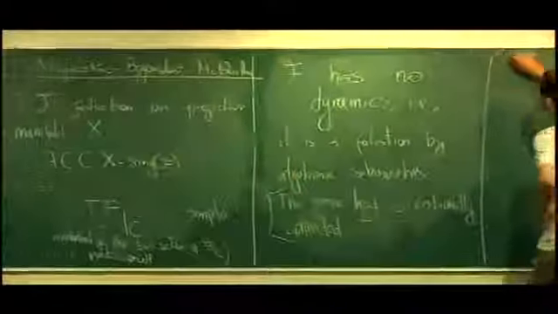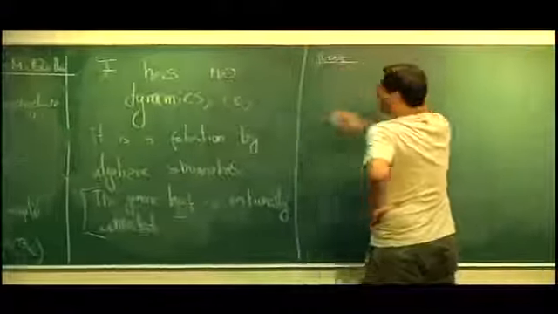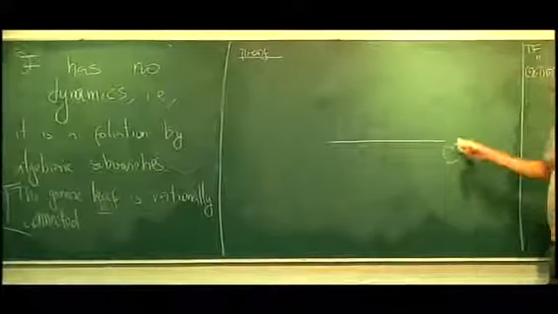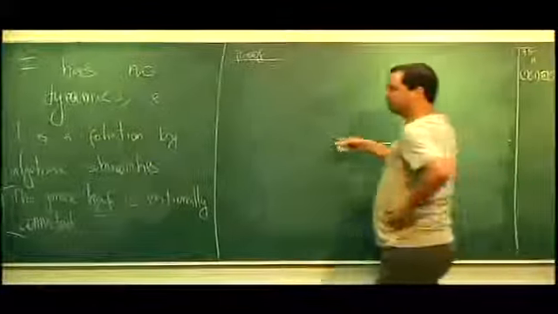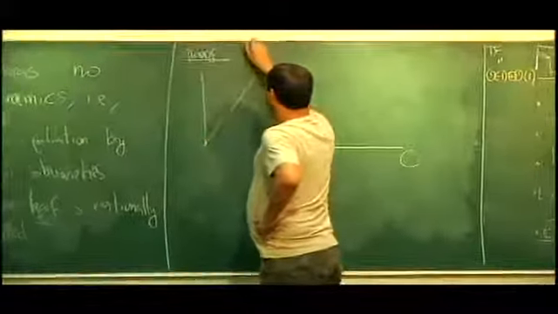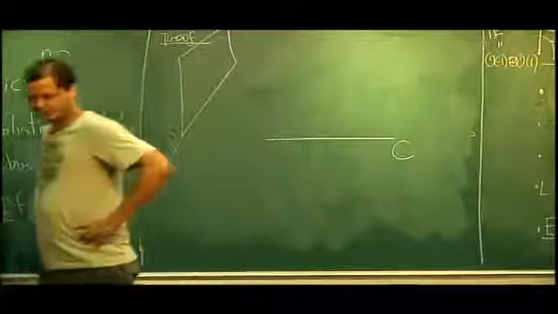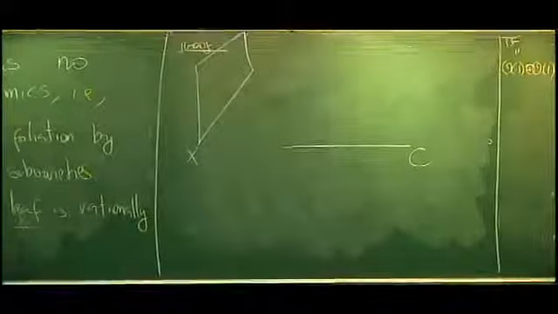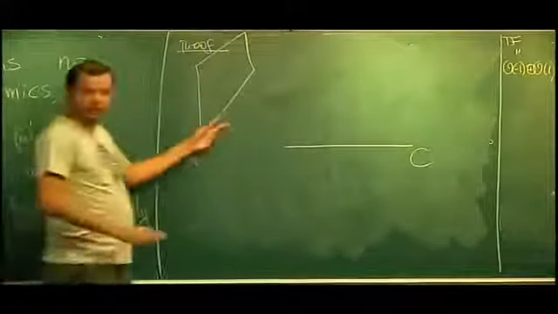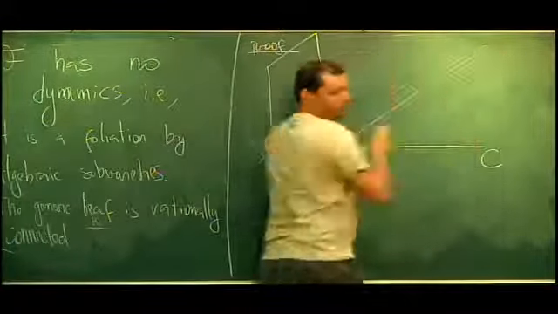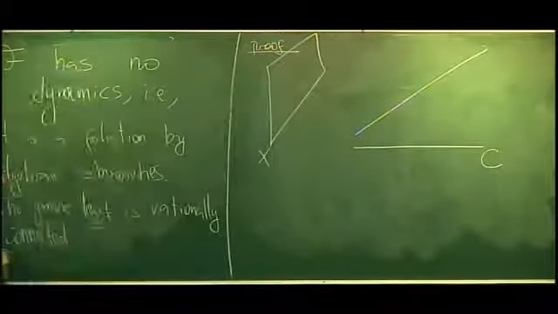But anyhow, how does the proof go? The proof is the following. This is my favorite picture. I look at the curve C and the manifold X, right? I look at the two things together. And now I look at the embedding of C into X. I look at the graph of it. So I have a kind of diagonal here, right?